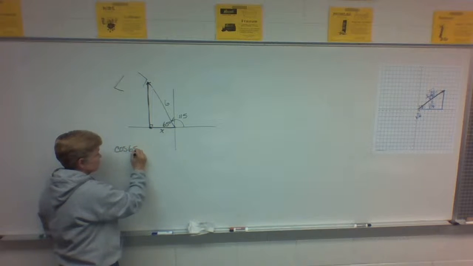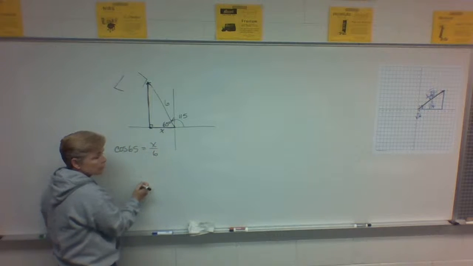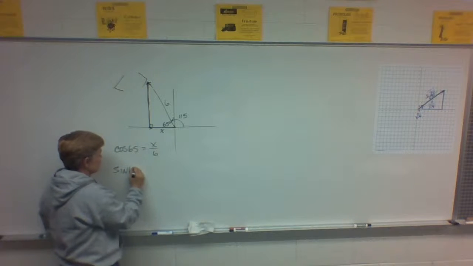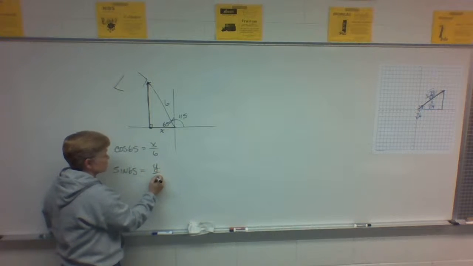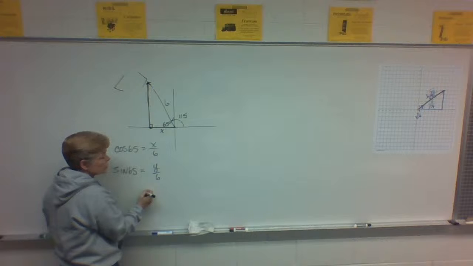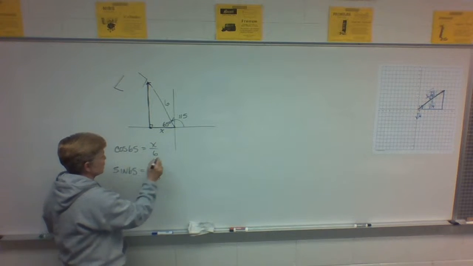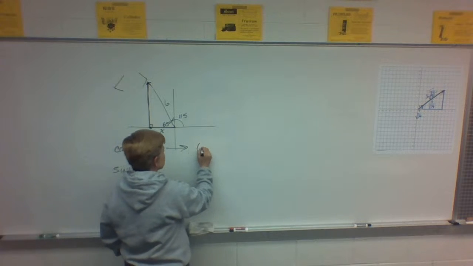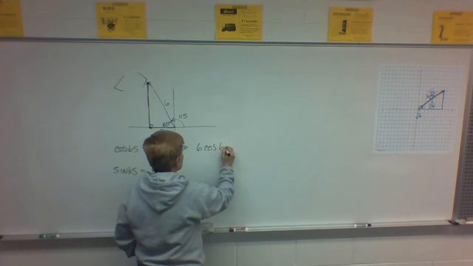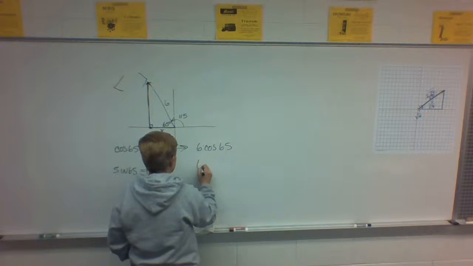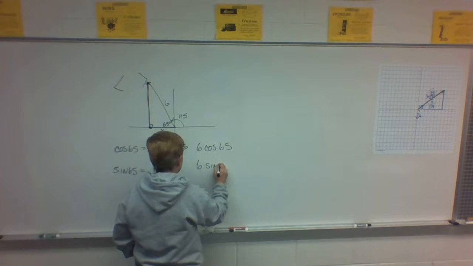Cosine of 65 is equal to x over 6. Sine of 65 is equal to y over 6. And if I solve both of those, I get x equals 6 cosine 65 and y equals 6 sine 65.